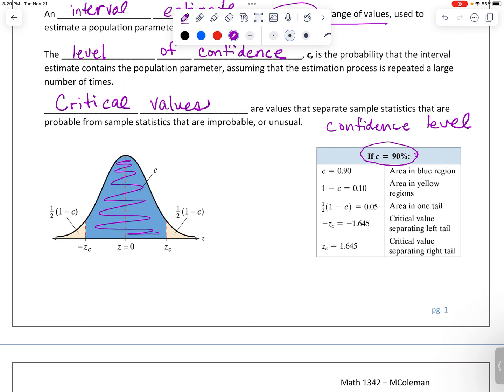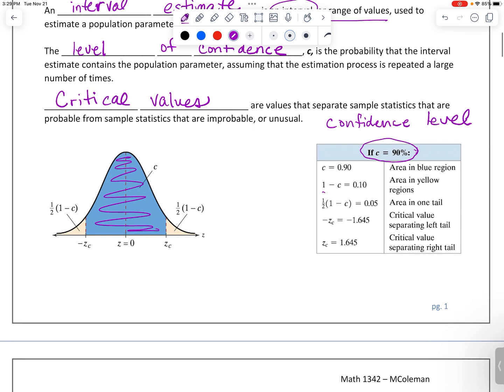Okay. To find the area of the yellow, then it's going to be 1 minus c. So if c is equal to 0.9, then 1 minus 0.9 is equal to 0.1, and that's going to be the yellow area, or in my case, the red, since I didn't change pen colors.